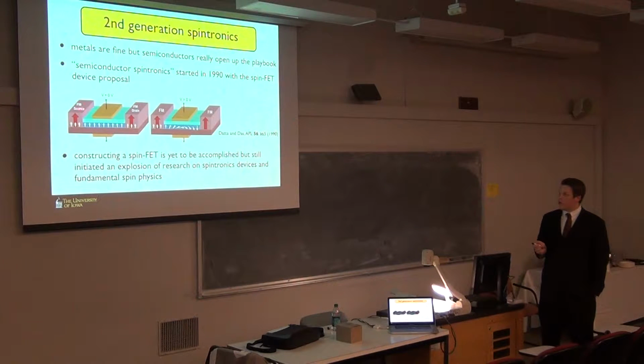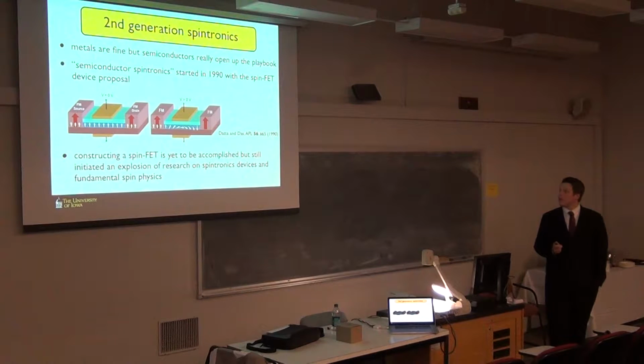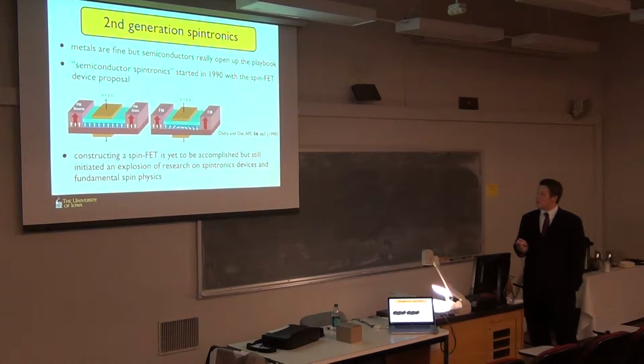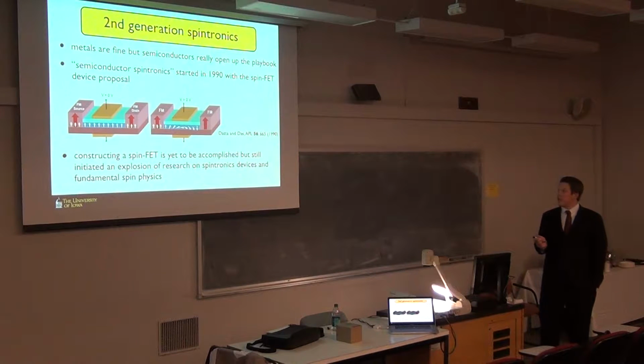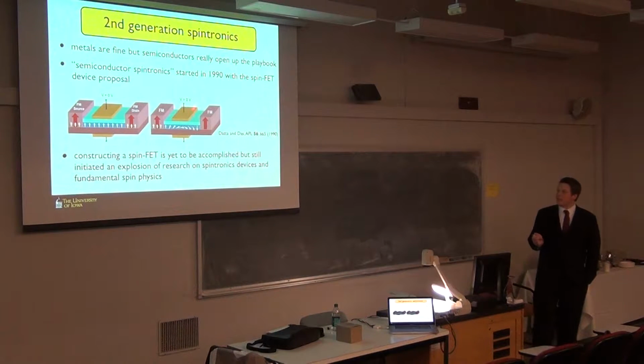We again have a ferromagnet source and drain, and we have this gate here. When the gate is turned off, there's no voltage, and you have spins transporting from one side to the other. This would be a low resistance state. Now, if we turn on the gate voltage, instead of moving charge onto the gate, the way we affect the current through the channel is through a magnetic field.